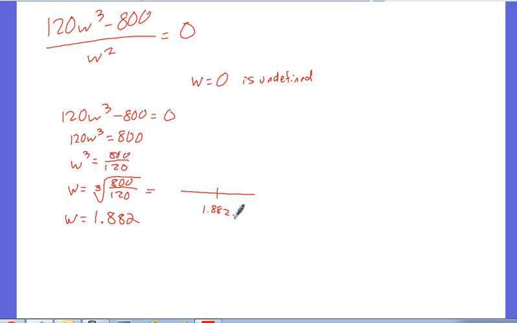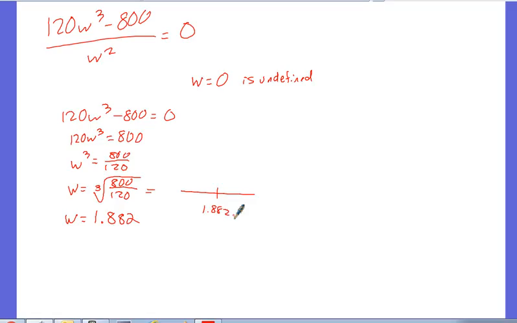120w cubed minus 800 over w squared. Oh, no, not equals 0. You don't have to put that. So 120w cubed minus 800 over w squared. And then give me a good number to test to the left. We just said 0 is undefined. So 1. Could I do negative 1? Why not?